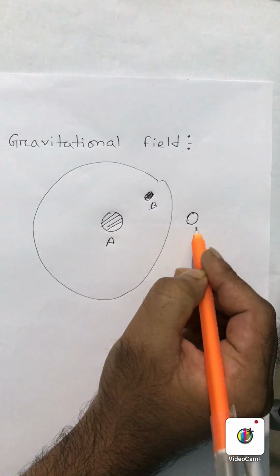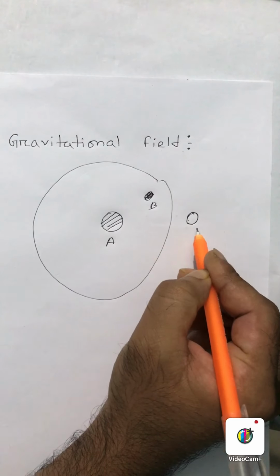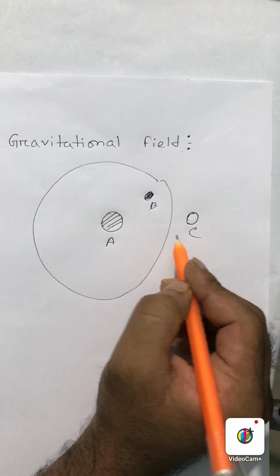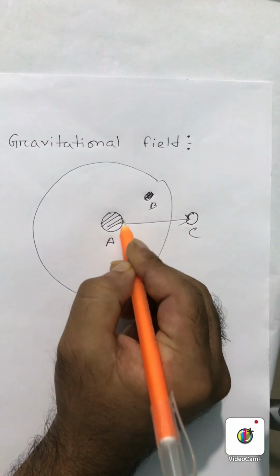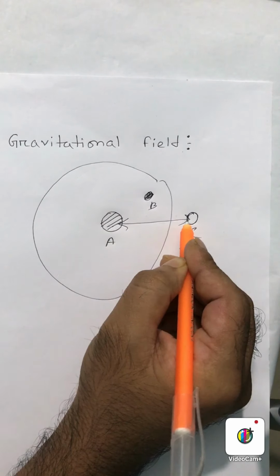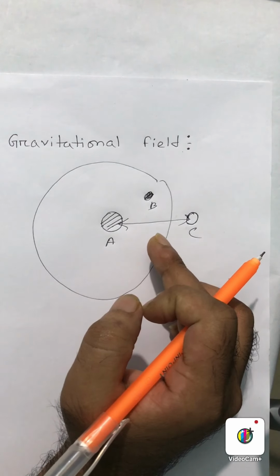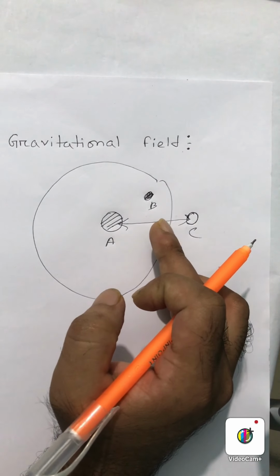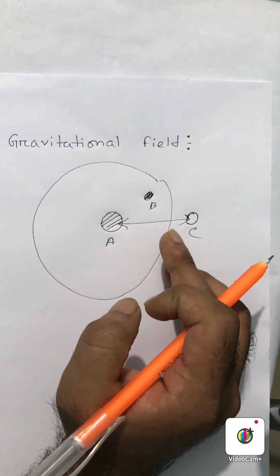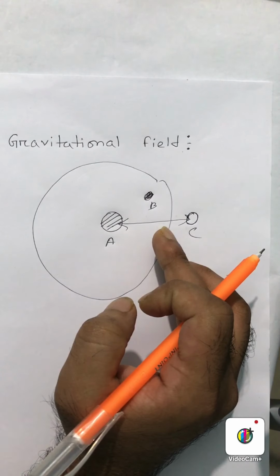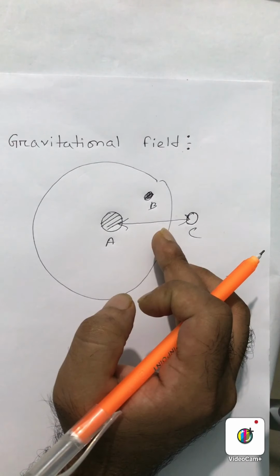If we place another object at point B inside the gravitational field, an attraction force acts between the objects A and B. But if we place an object at point C outside the gravitational field, there is no attraction force between the objects. Inside the gravitational field, a gravitational attraction force acts between two objects, but outside the gravitational field, there is no gravitational attraction force between two objects.